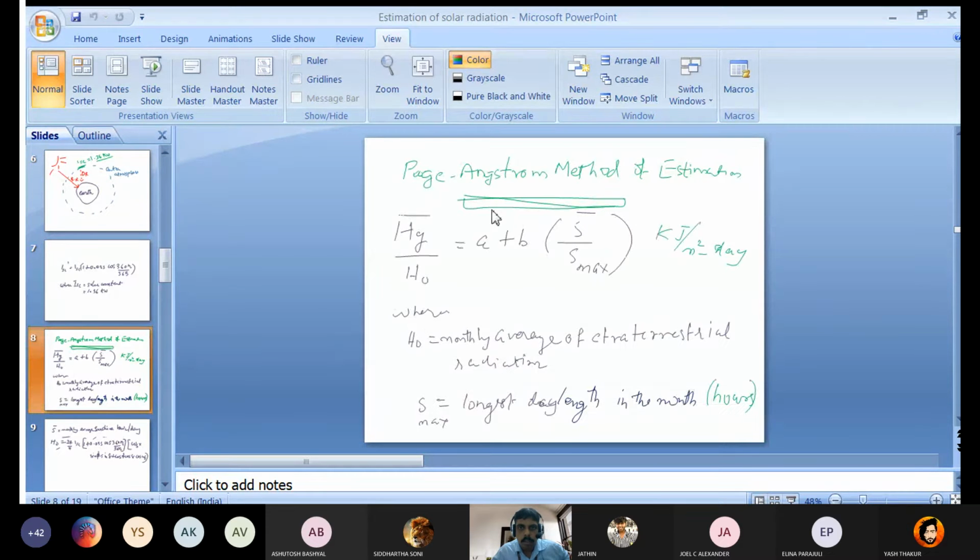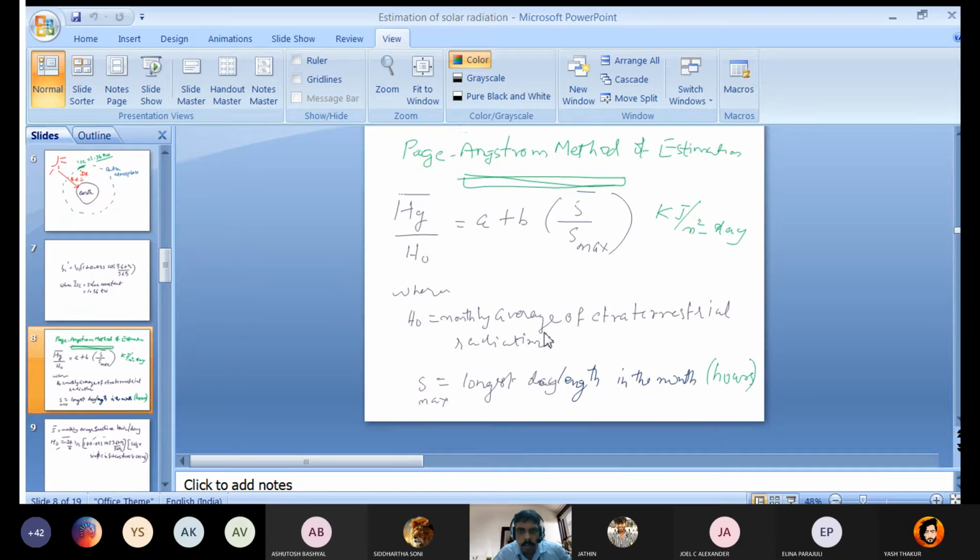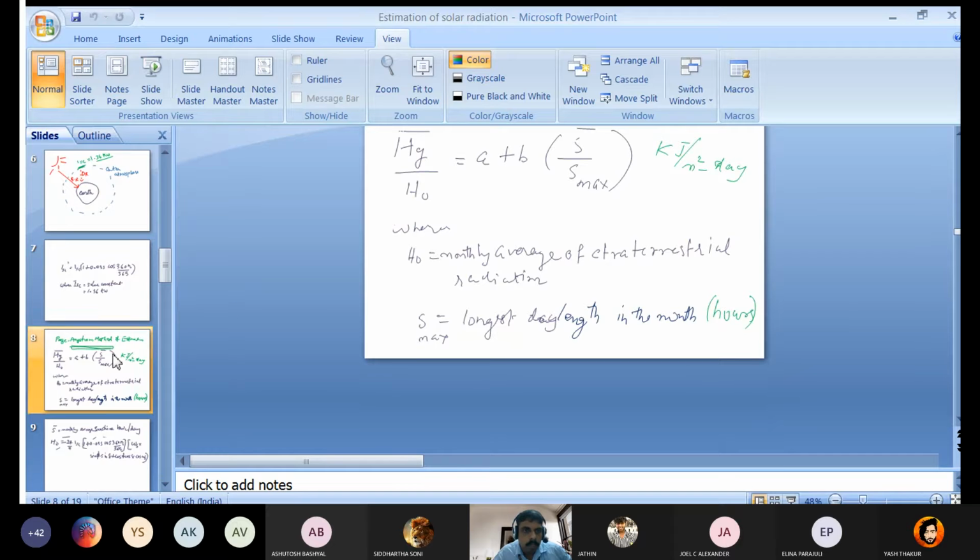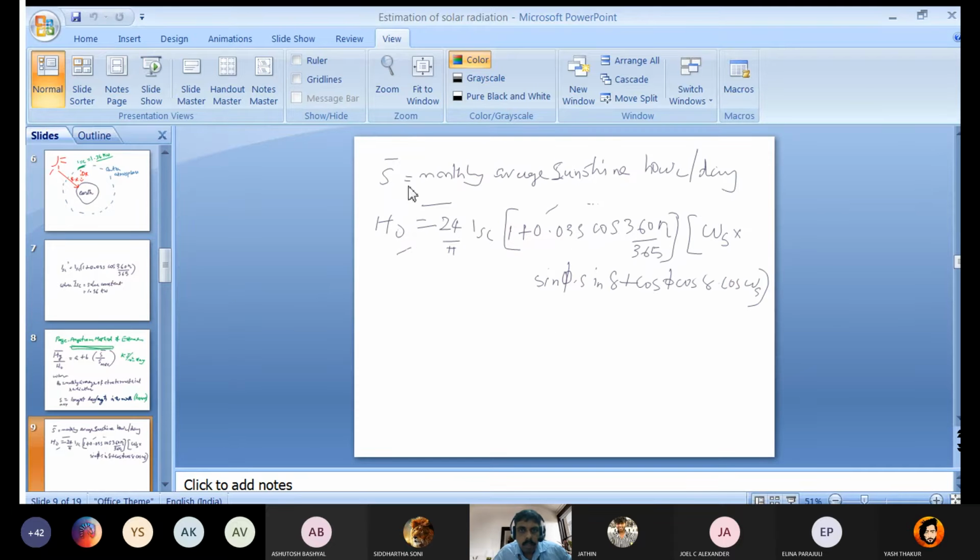Then this is the correlation we discussed, the Page-Angstrom method of estimation. Hg dash by H0 is equal to A plus B into S dash by S max, in kilojoule per meter square day, where H0 is the monthly average extraterrestrial radiation, S max is the longest day length in the month in hours, and S dash is the monthly average sunshine hour per day.